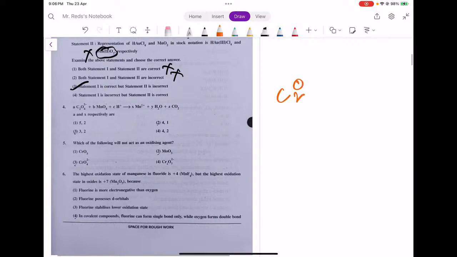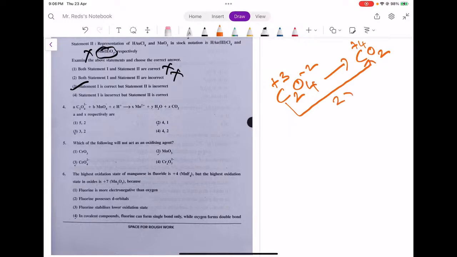C2O4 2- gives rise to CO2. Oxalate is converted to CO2. In oxalate ion, the oxidation number of carbon is +3. In carbon dioxide, the oxidation number of carbon is +4.